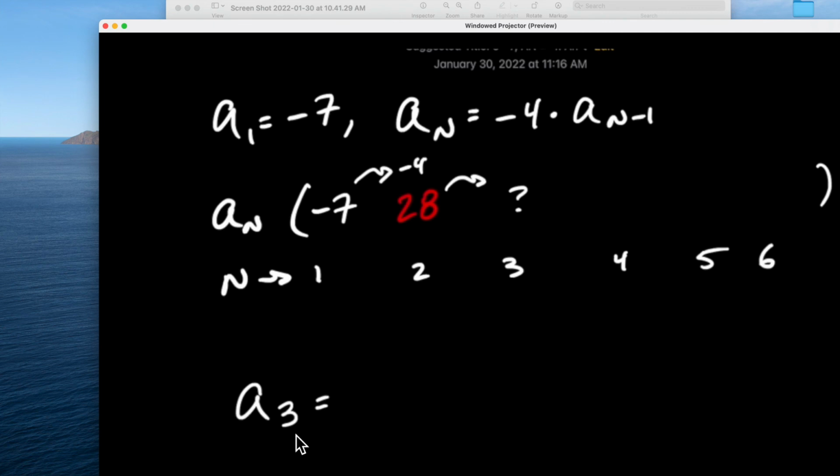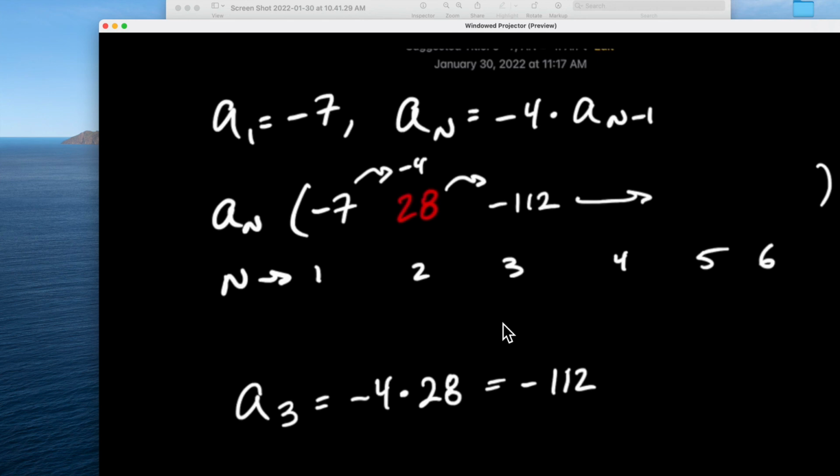The value at position 3, according to the formula, we're going to take -4, and multiply that by the value at the position located to the left. Positive 28. So that's going to be, I believe, -112. So we'll replace the question mark with -112.